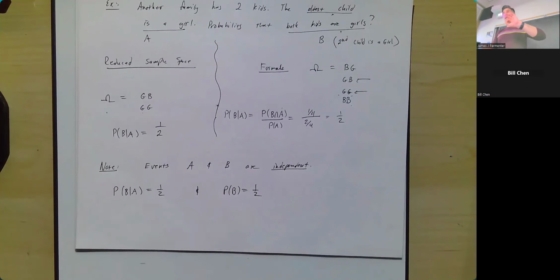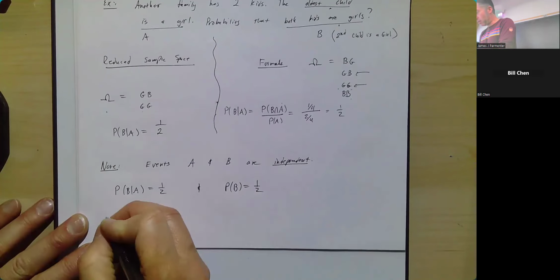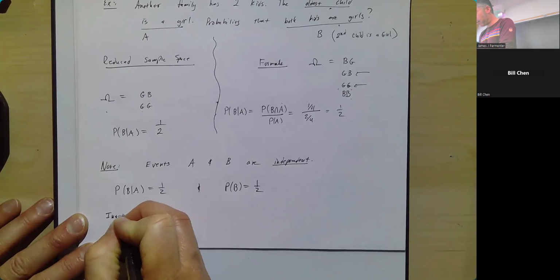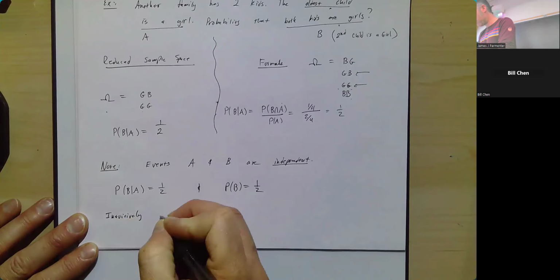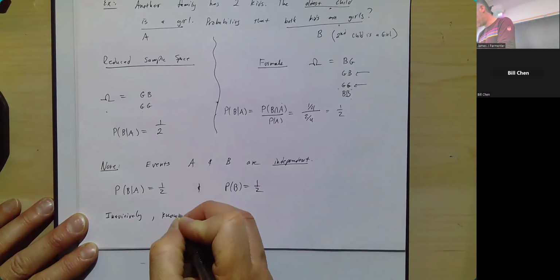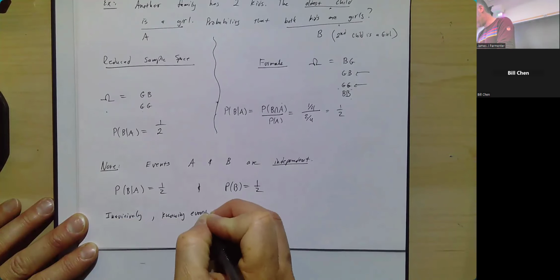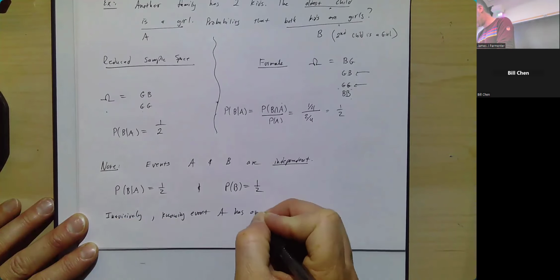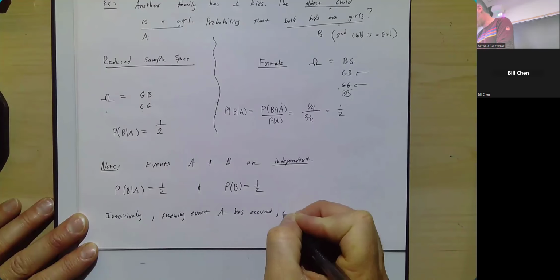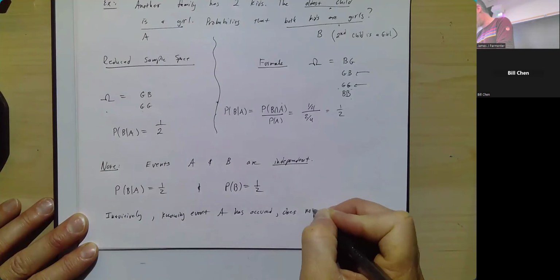And that's the real key thing to kind of zone in on here, is that knowing that A has happened doesn't affect the probability of B happening, or vice versa. But usually reading it one way makes more sense than the other way. So intuitively, knowing event A has occurred does not affect the probability of B.